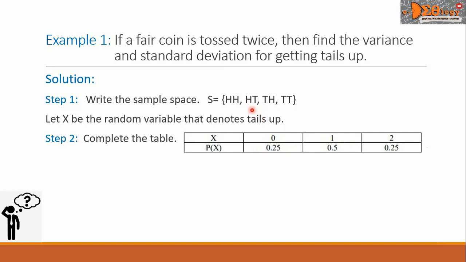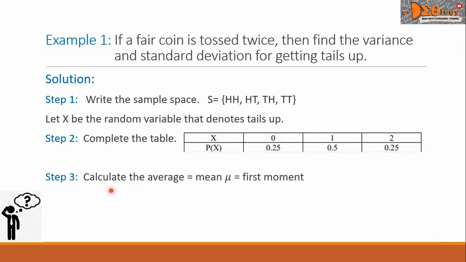Those are HT and TH. So that is 2/4 in the probability. That's why we write 0.5. And for the two tails up, we have one sample point that corresponds to that, the TT. And that is 1/4. And we write here 0.25 in the probability.